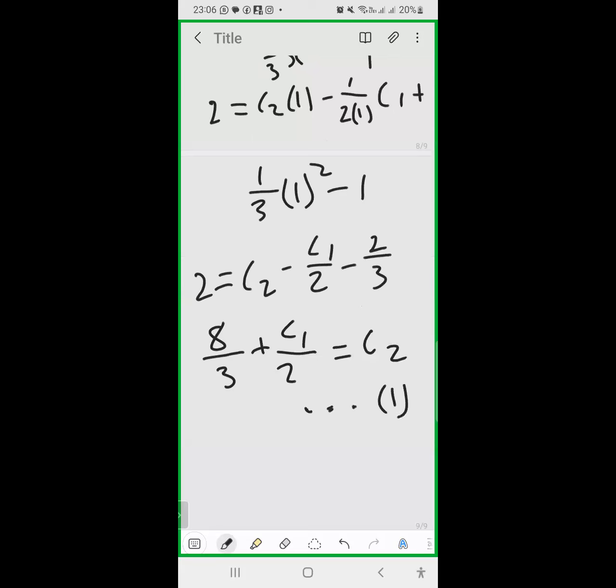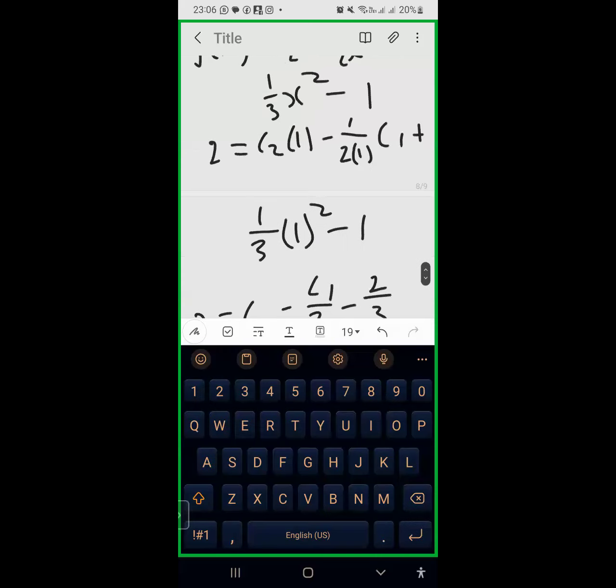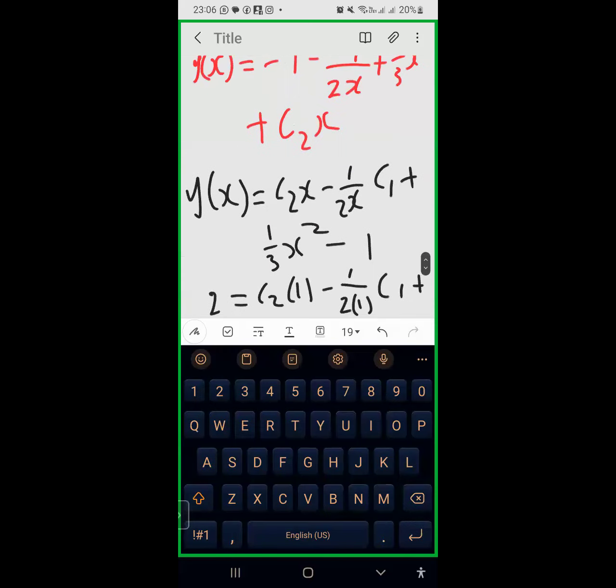And then to find our equation 2, we're going to find the first derivative of our general solution.